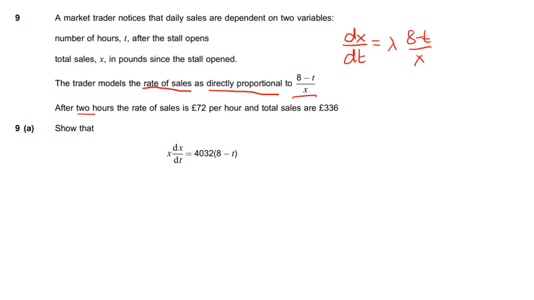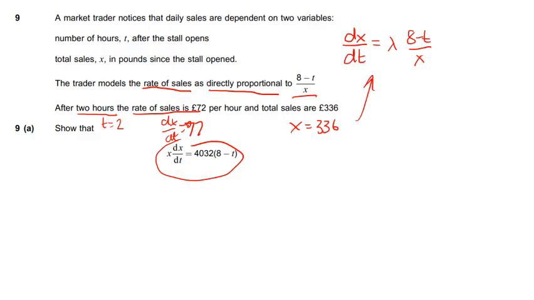And we're also told that after 2 hours, so t equals 2, the rate of sales, dx by dt, is 72, and the total sales, x, is 336. So we need to show this expression. So we just substitute all these values into this equation. So we've got 72 is equal to lambda times 8 minus 2 over 336.